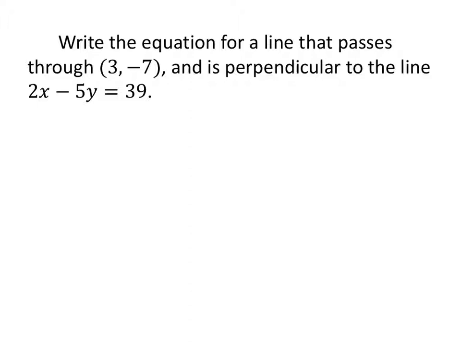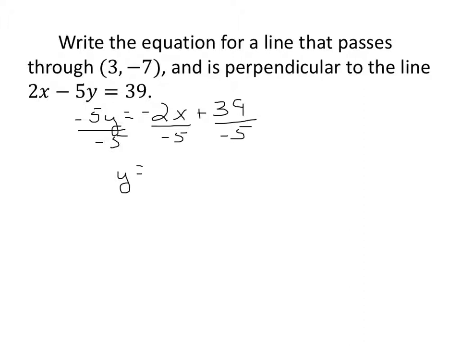We want the 5y to be on the left, so we're going to subtract 2x from both sides and then divide by negative 5. And we're left with y equals, and negative over a negative is a positive, and a positive over a negative is a negative.